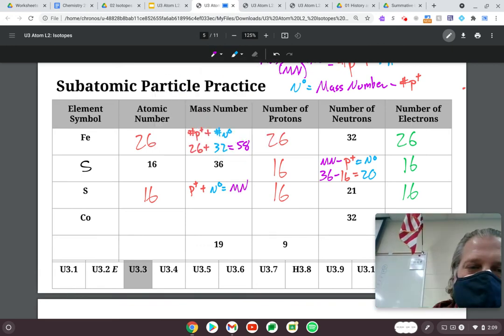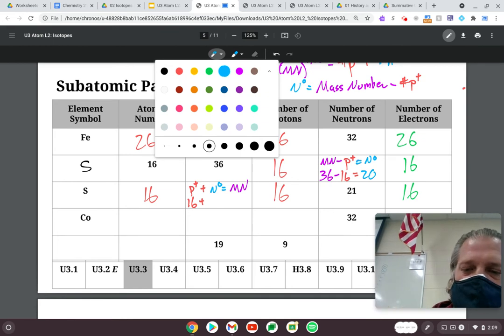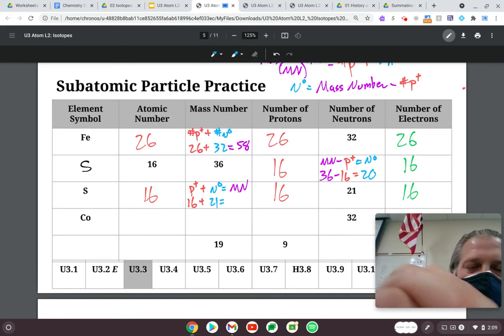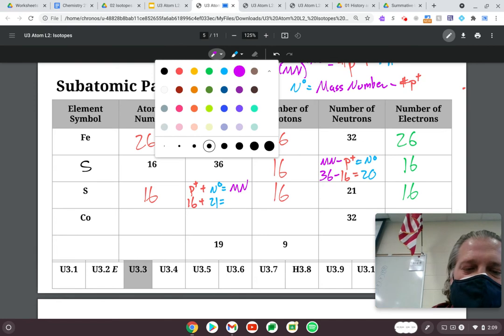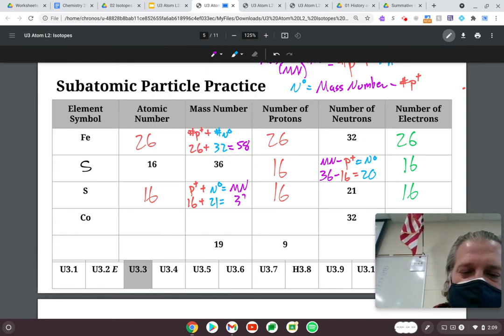So in this instance, the protons are 16. The neutrons are 21 because that's given to us. So that means that our mass number is going to be 37.